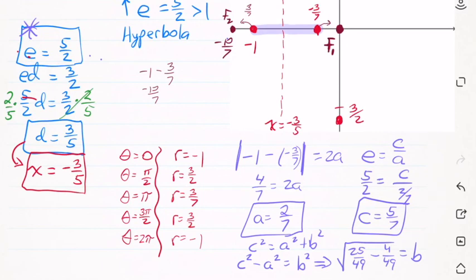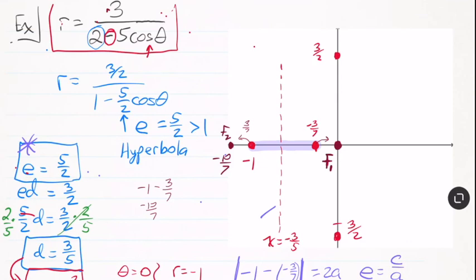So let's see, that's 21/49, so we're square root of 21 over, so as a decimal, that would be square root of 21 divided by 7. About 0.65. Approximately 0.65. Yeah, give or take a little bit. All right, so b is equal to 0.65.